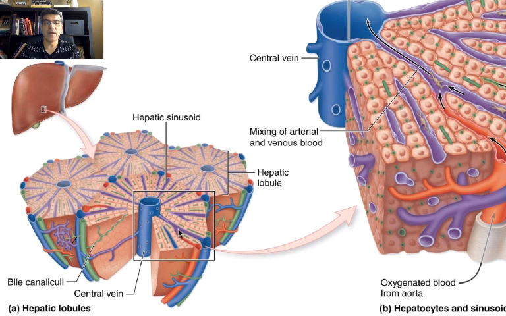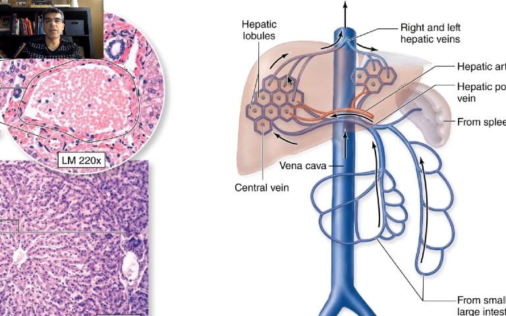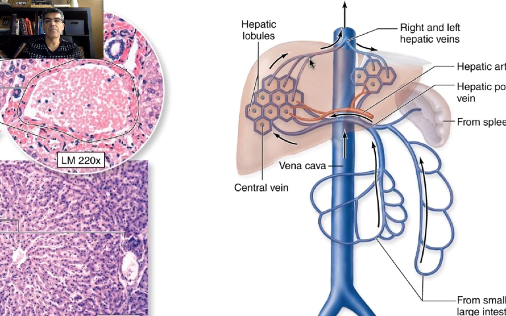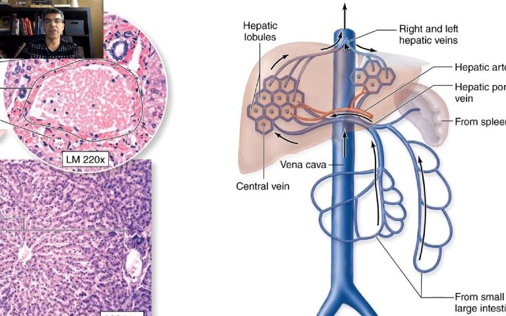The blood is going to come inside the lobule. They're going to get mixed and pass through the sinusoid, and then it's going to drain inside the central vein. The central veins of each lobule are going to get together and create hepatic vein. And hepatic vein finally drains this blood inside the vena cava.